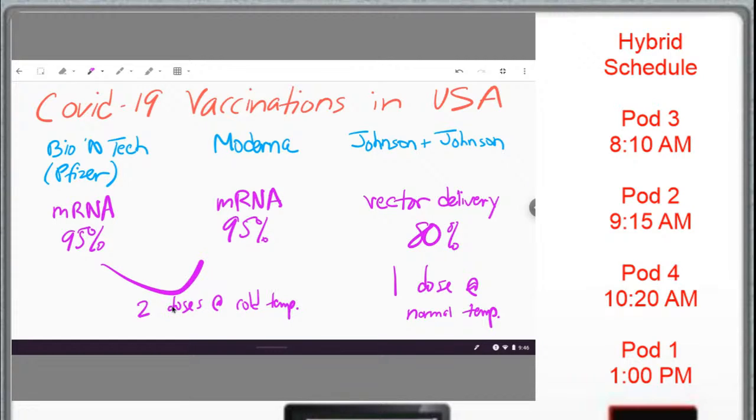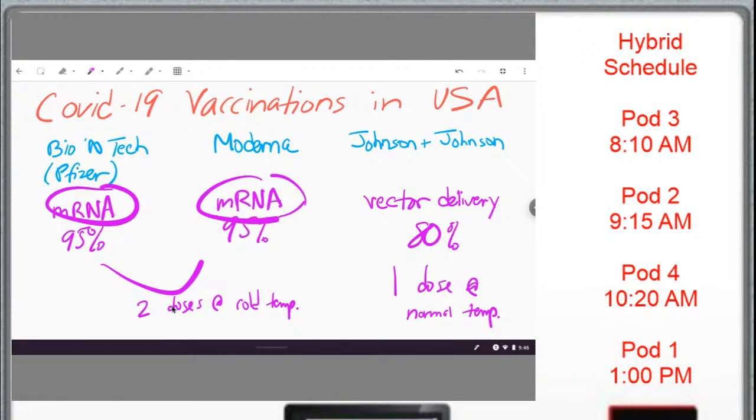Now, these variants that are popping up, New York, California, South Africa, the UK, more infectious, more dangerous, and so forth. Why is it so cool that these companies used mRNA? Like I said, mRNA is universal, and it's a code.